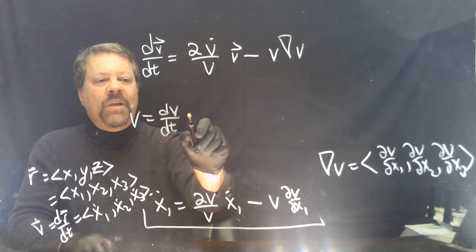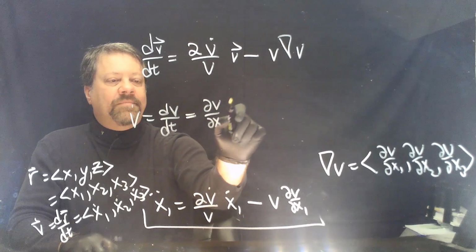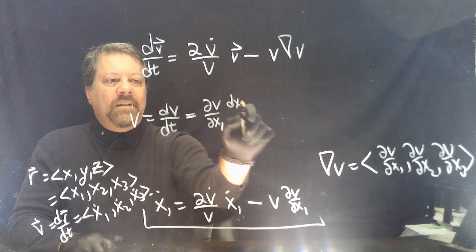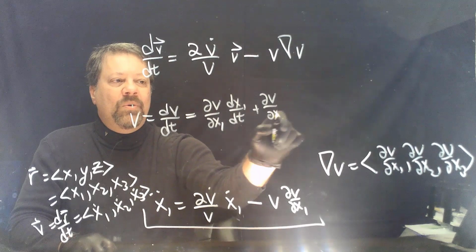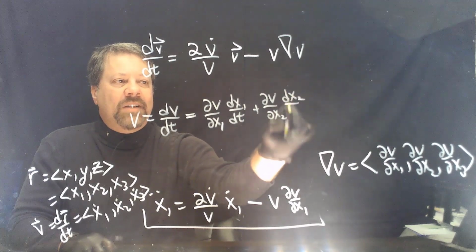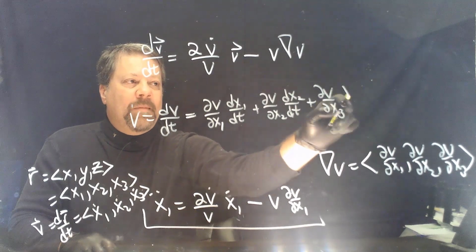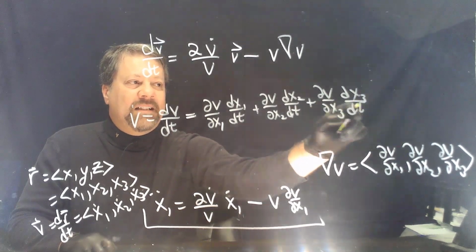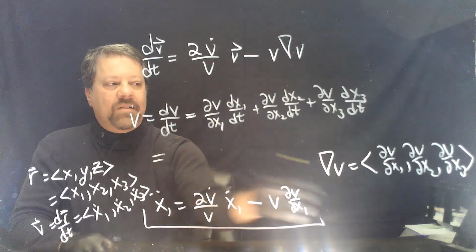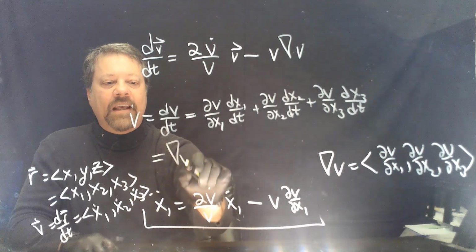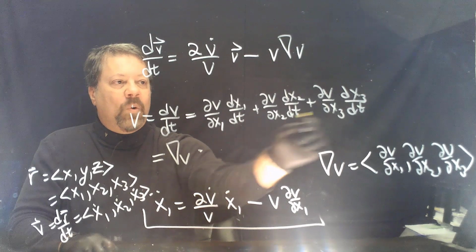And so we should really rewrite this as dv dx1 dx1 dt plus dv dx2 dx2 dt plus dv dx3 dx3 dt. And this expression looks like this vector, the gradient of v, the speed, dotted with the coordinates of the velocity vector.